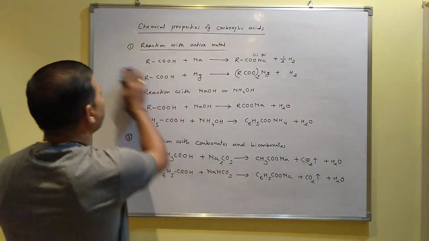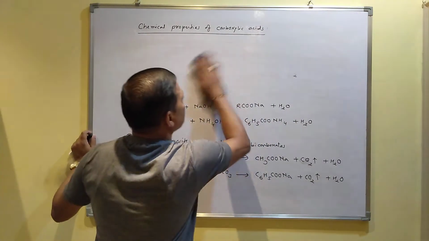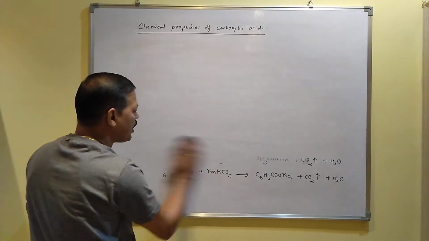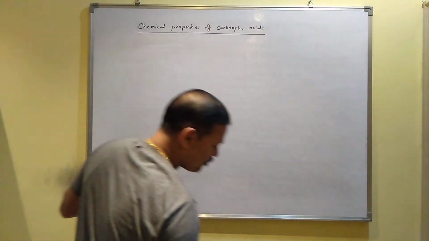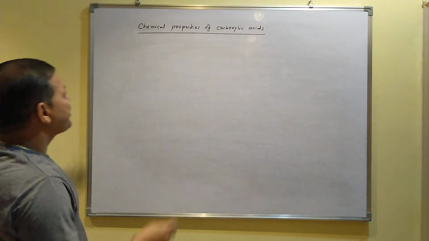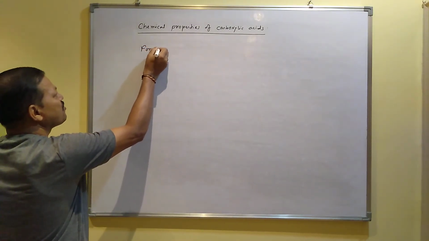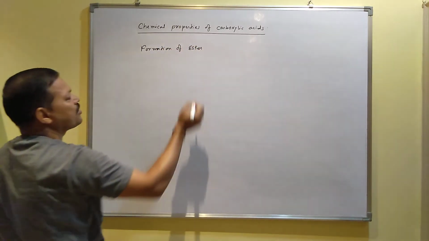Now another reaction. Carboxylic acid reactions are simple. Another reaction is called formation of ester.